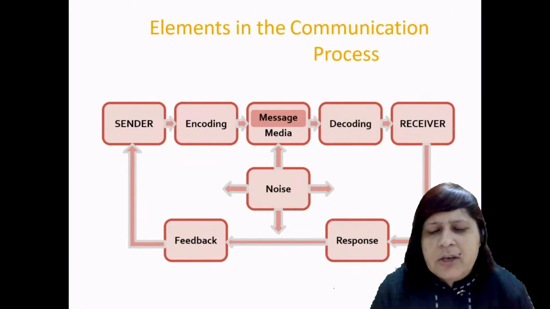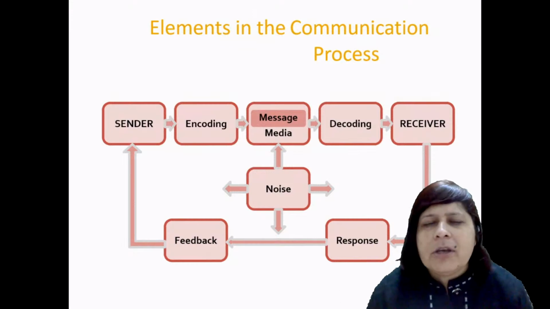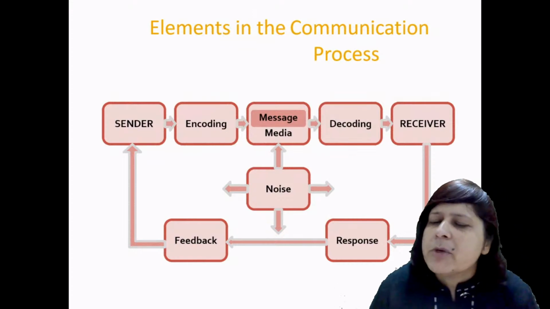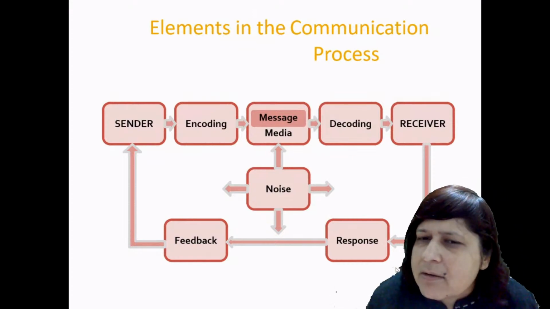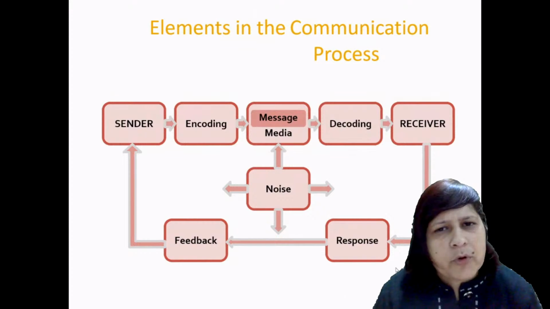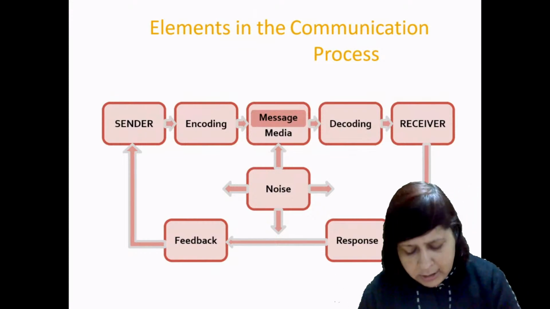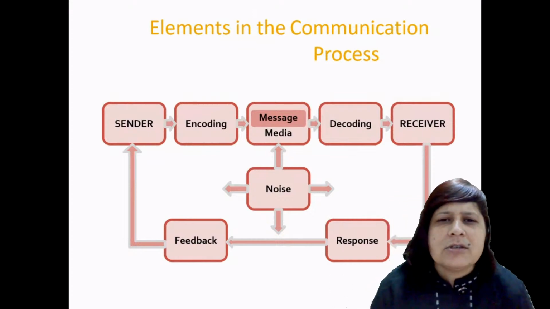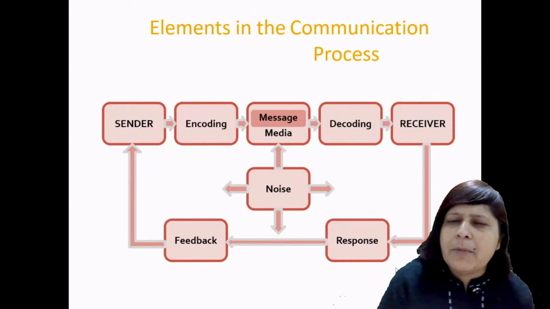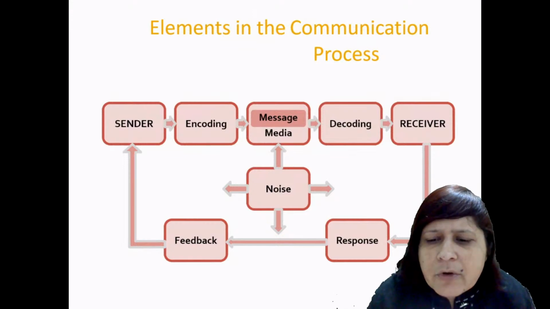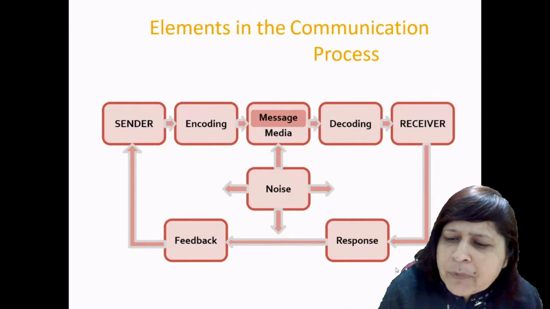Elements in the communication process. What is communication, as I told you? It is the exchange of information between sender and receiver via a common medium. Both understanding and meaning should be the same, and should not change, right? If the meaning or understanding changes, then it is not communication, it becomes miscommunication. So what are the elements of communication? We need a sender, right?